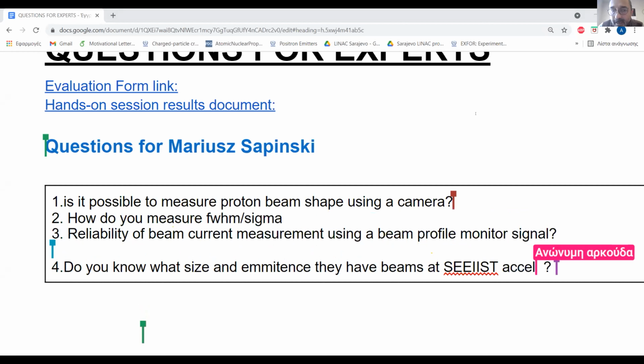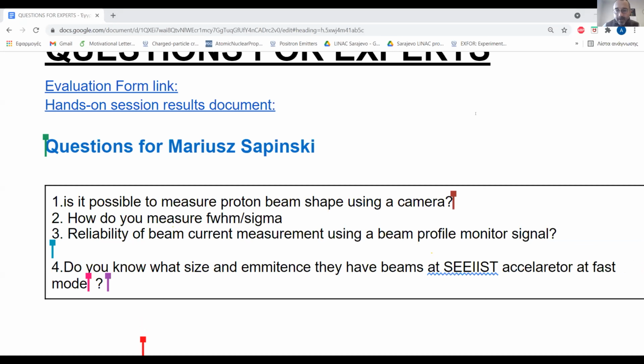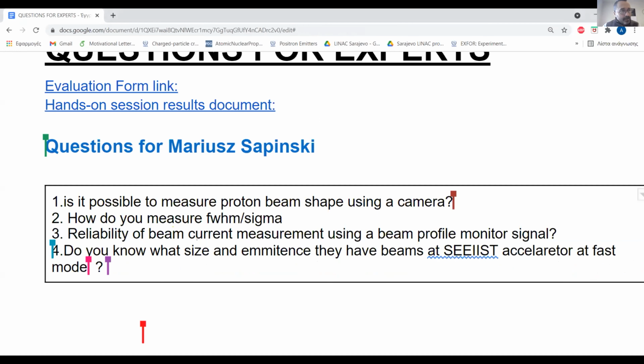So it's the optics of the line or of the machine. This is something that is also measured, but we have some theoretical values for that. In principle, we know it from theory and from other measurements. And when we know it, we can reconstruct the beam emittance from the beam size.